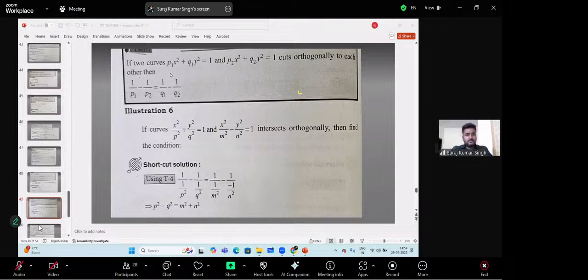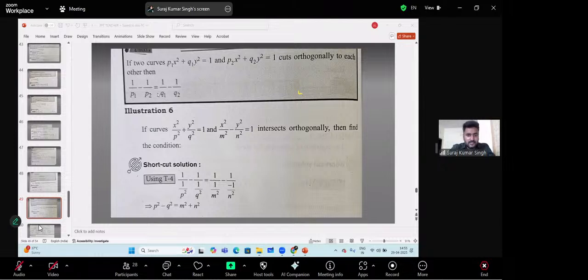So what we have to do here, I have given a trick. Suppose two curves are there: p1 x square plus q1 y square equals 1, and the second curve is p2 x square plus q2 y square equals 1. They both intersect orthogonally, and we want to find the relation.